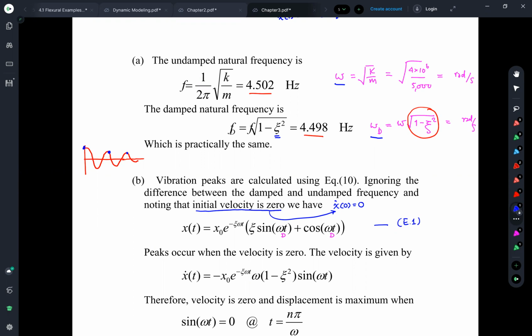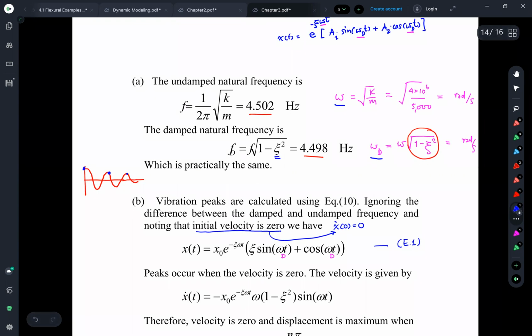From equation E.1, theoretically speaking, I should put the omega sub d, not just omega, in the sine and cosine term, right? But as you saw previously in case A, we already showed that the frequencies are pretty close, almost the same.